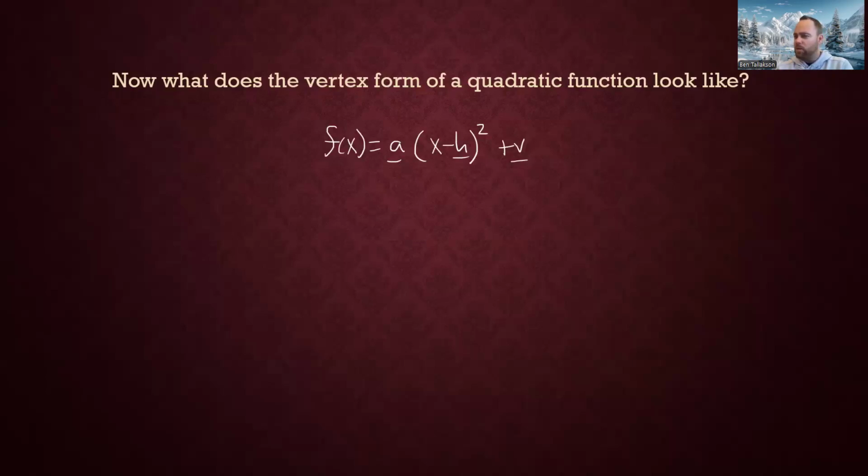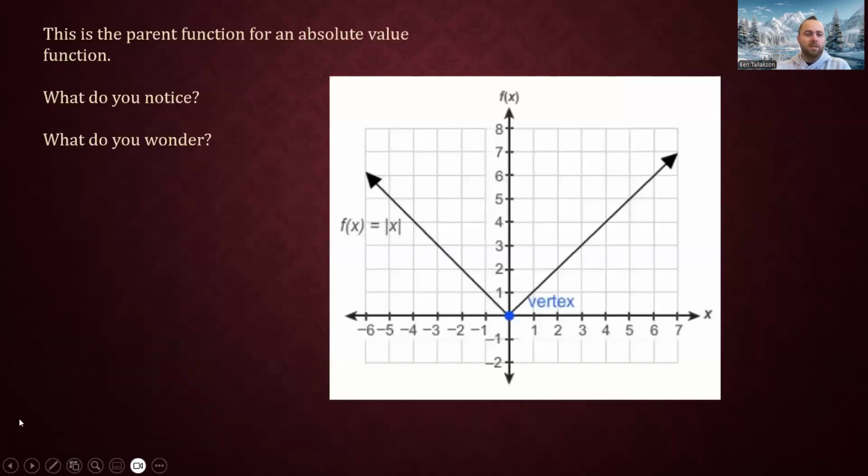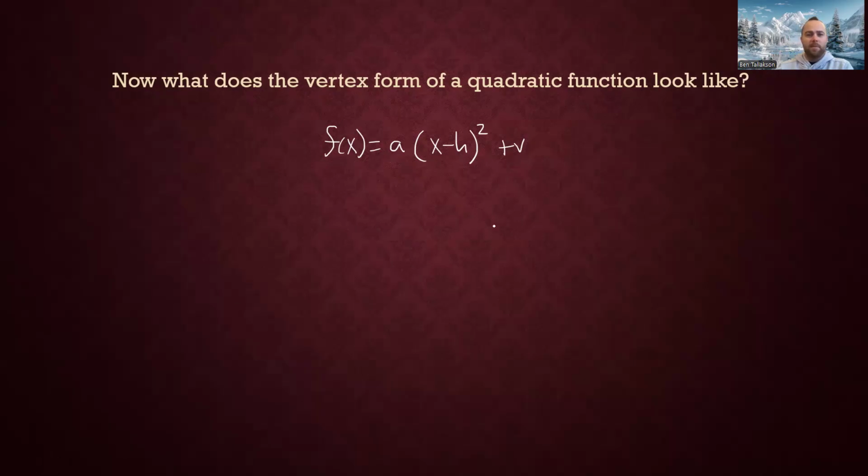that an absolute value function with all possible transformations is almost exactly the same as this vertex form of a quadratic. There's just one thing that's different. You know what it is? Well, didn't we just say these have absolute value signs?